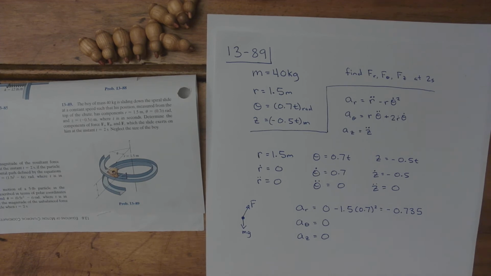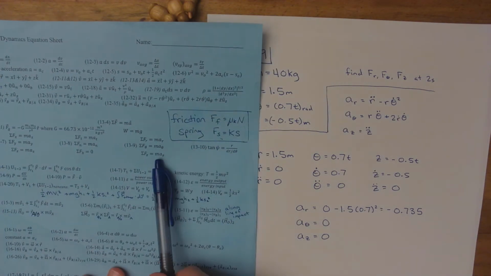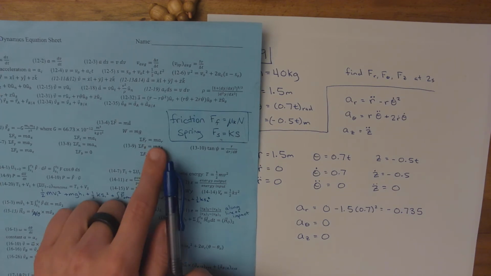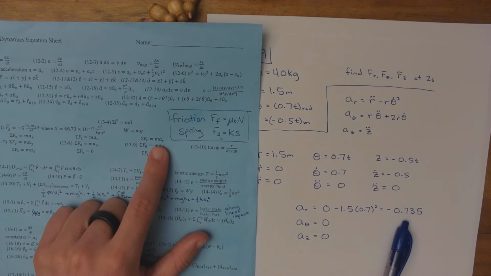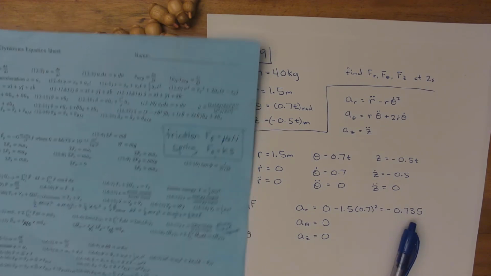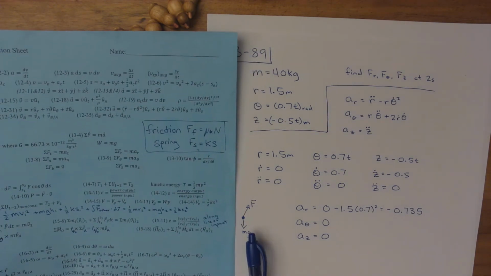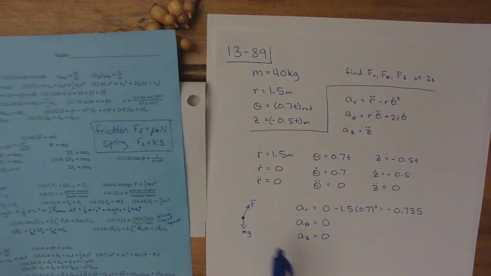Looking at the equation sheet for Newton's second law, we have the sum of the forces in the radial direction is equal to the mass times the acceleration in the radial direction. The acceleration in the radial direction is negative 0.735. And the only other force we have is the force of gravity, which is just acting in the negative z direction.